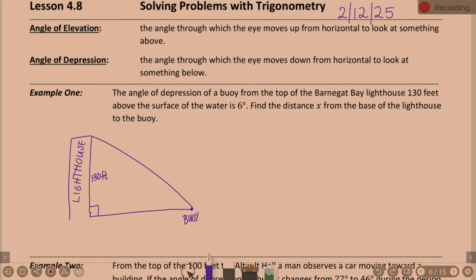Now, okay, here's what you have to watch. The angle of depression is 6 degrees. The angle of depression is the difference between the horizontal and where your eyes are looking down. Folks, here's the horizontal.